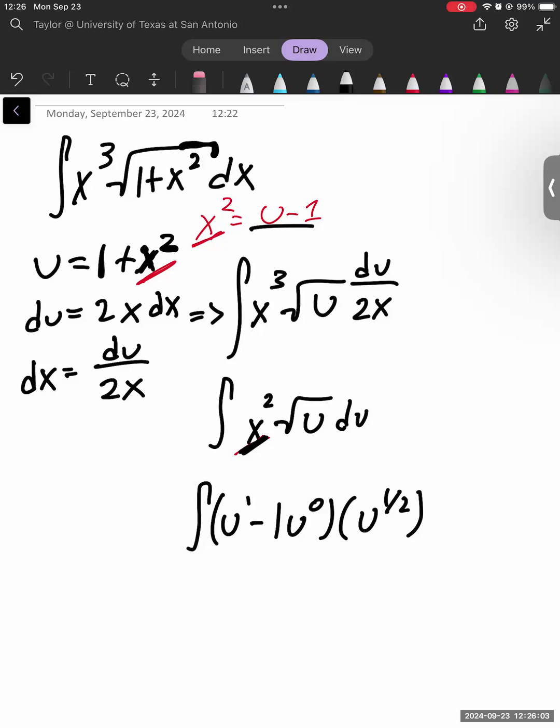Okay, so the next thing I want to do is I'm going to distribute this u to the 1/2 into this parentheses. So what would that look like? What do I get? I'll give you guys a hint. I'm going to get u to some power minus u to some power.